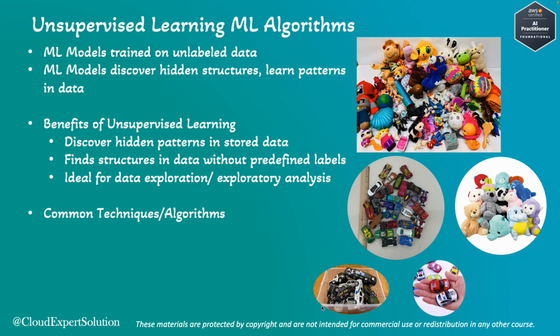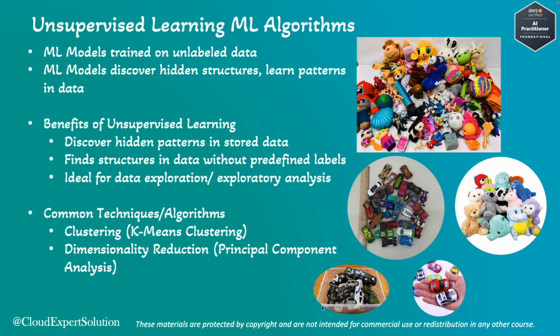Now let's review some common techniques or algorithms that we can use for unsupervised learning. The first is clustering, and the algorithm name is K-means clustering. We'll review all those algorithms and techniques in the following slides. The other technique is dimensionality reduction, and the algorithm name is principal component analysis or PCA.